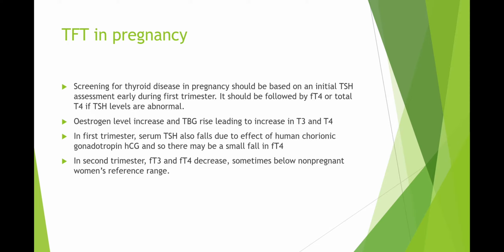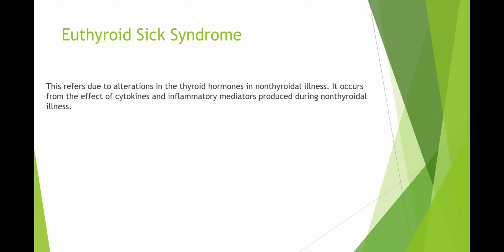In the first trimester, serum TSH also falls due to the effect of HCG, and so there may be a small fall in free T4. In the second trimester, free T3 and free T4 decrease, sometimes below the non-pregnant woman's reference range.